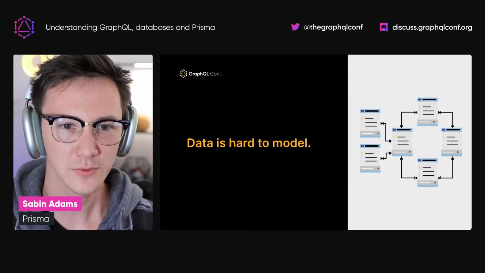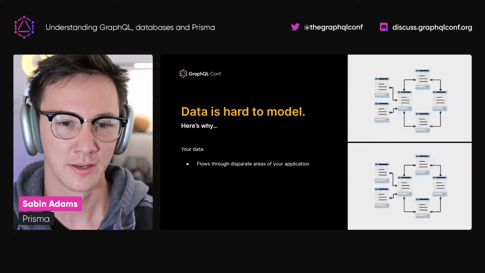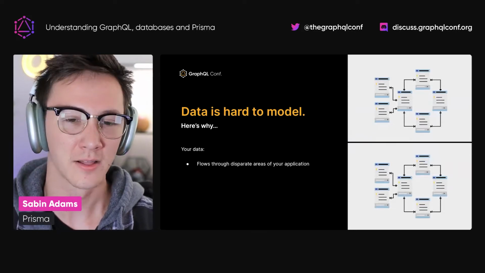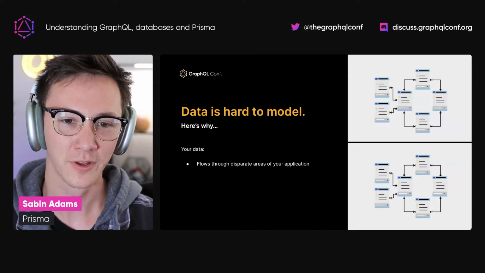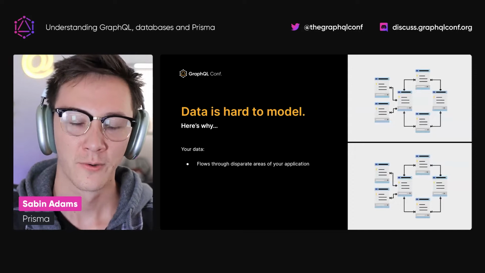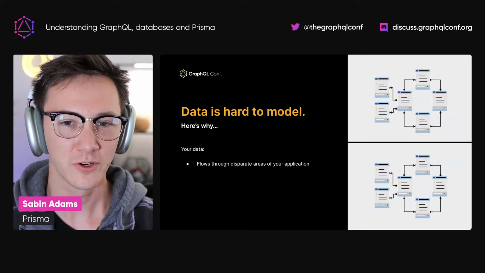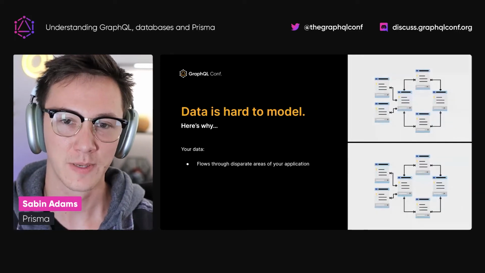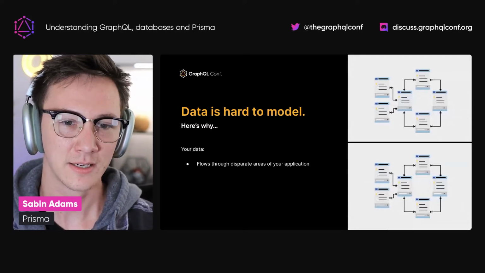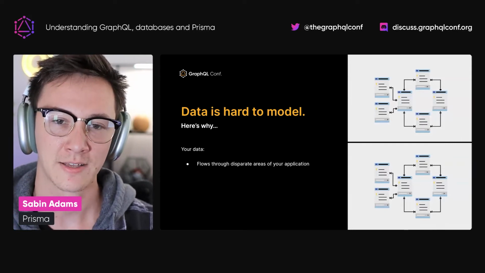So the first one here is that your data flows through disparate areas of your application. And this is one that has bit me in the butt a lot of times. And I'm sure as I'm saying this, a lot of you are probably thinking back to different times where you've worked with data, and as it flows from maybe one microservice to another, or maybe as it flows from a front end to a back end, or vice versa, the shape of your data and the type of those pieces of data get lost in your head or in the code even, and it becomes a difficult task to understand and expect a certain shape of data as it flows through your application.